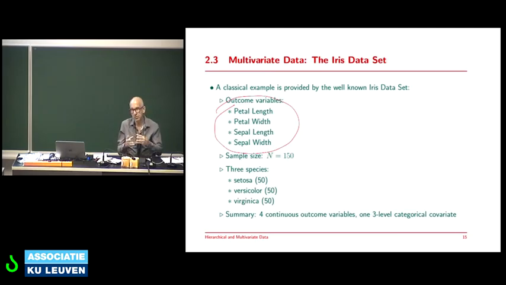So the colored ones and the green ones, so to speak, and they have a length and a width. And you can imagine, like any body characteristics, that 4 characteristics on the same flower will somehow be dependent. Okay. In this case, there are 3 different species.